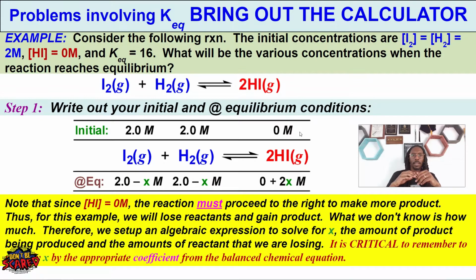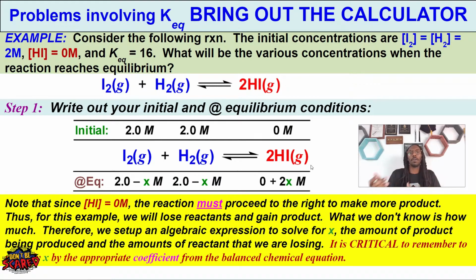But we understand, right, as our reaction goes forward, we're going to be making products, of course. So you got 0, you got to make some type of products, right? So we're going right. Okay, so we're going to the right, we're making our products.